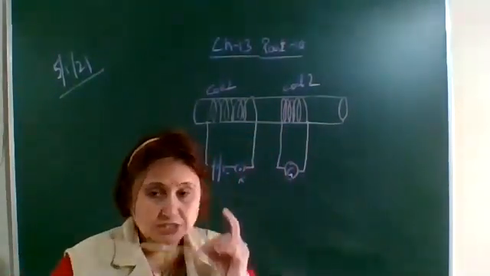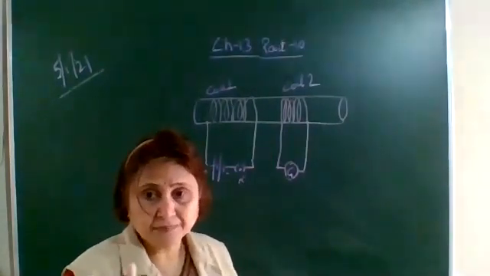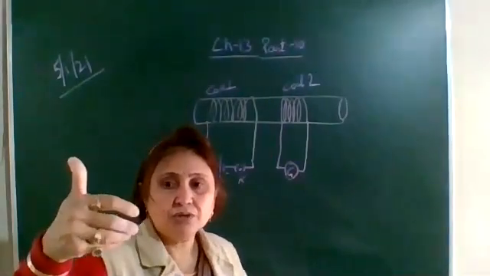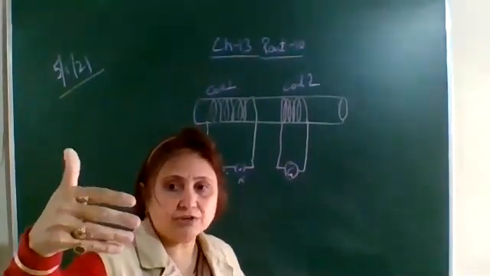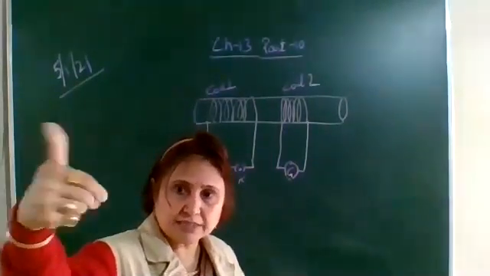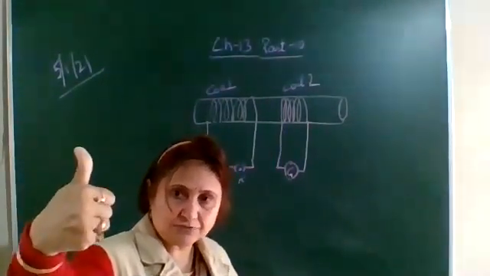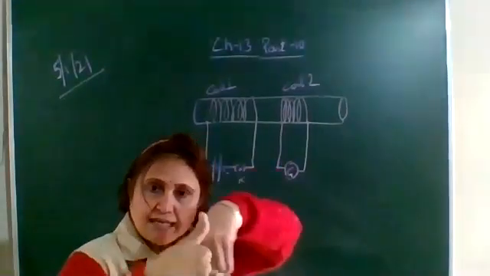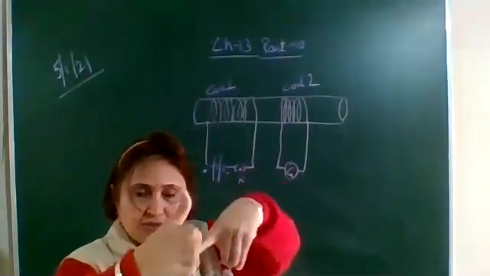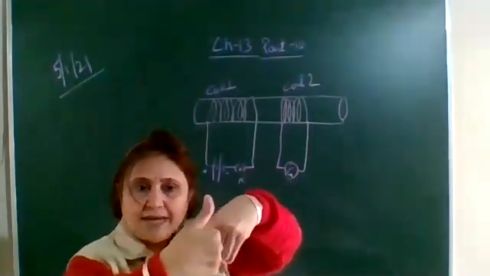So in this chapter, we have studied three rules. The first is to find the direction of the magnetic field. How? If the thumb of the right hand is pointing along the direction of the current, the tips of the wrapped fingers give the direction of the magnetic field lines.